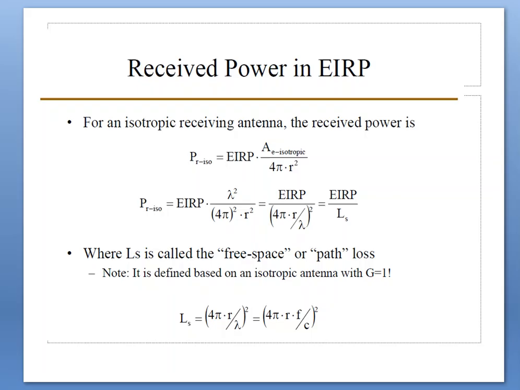That implies if we consider gain equal to 1, the received power is equal to EIRP divided by path loss.